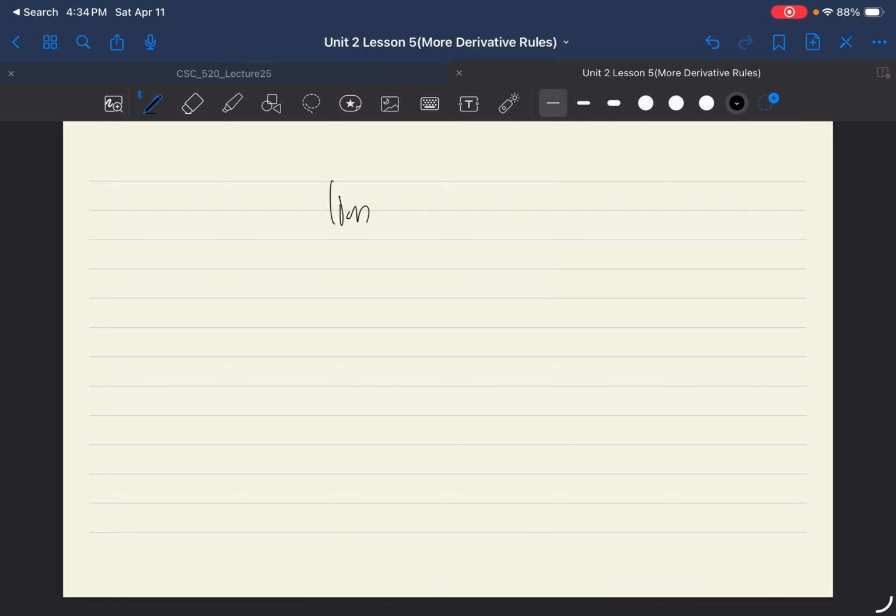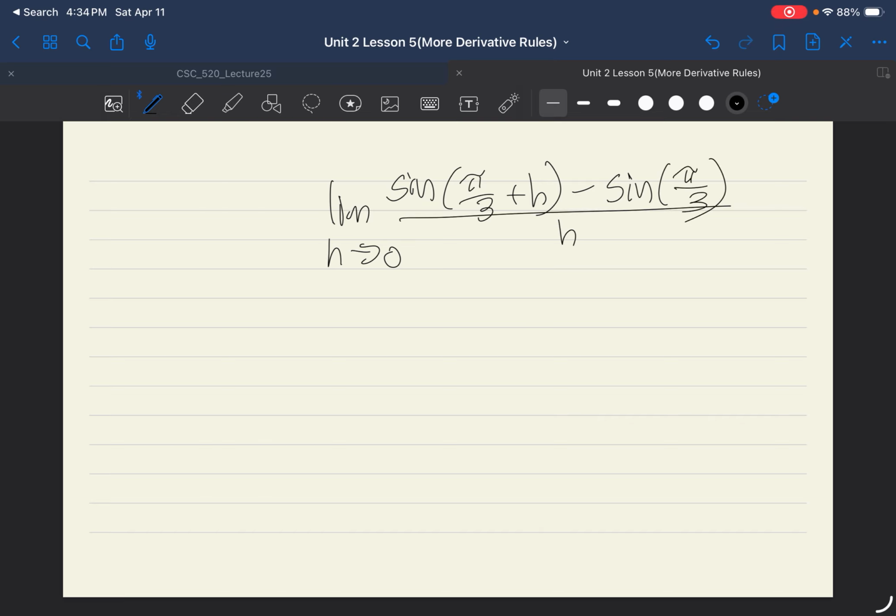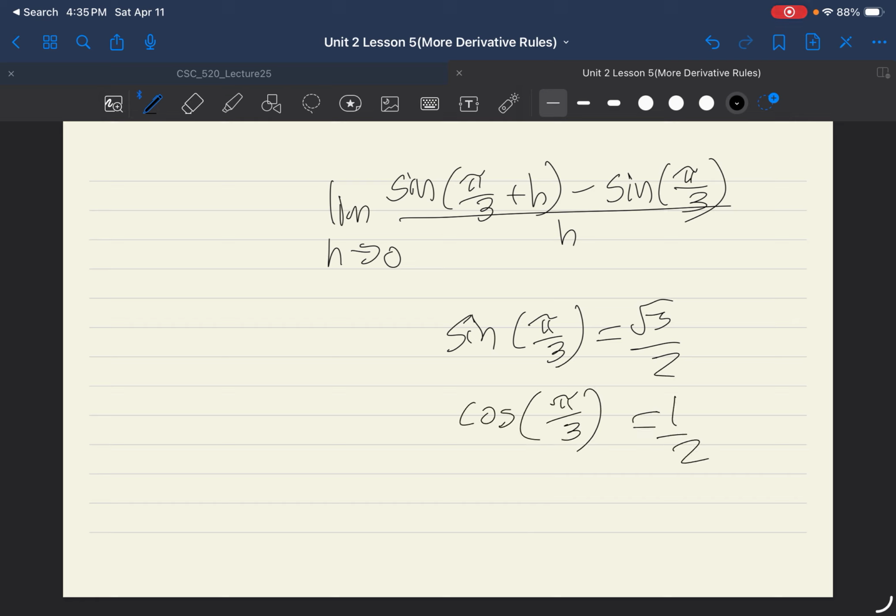They'll see the limit as h approaches 0 of sine of pi over 3 plus h minus sine of pi over 3 over h. And what they'll do is take the sine of pi over 3, which is root 3 over 2, instead of taking the cosine of pi over 3, which is 1/2. And they'll get it wrong. It's actually going to be 1/2.